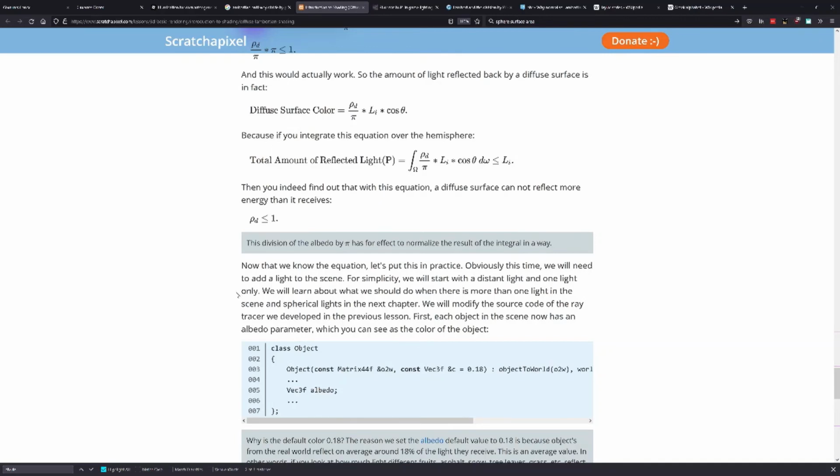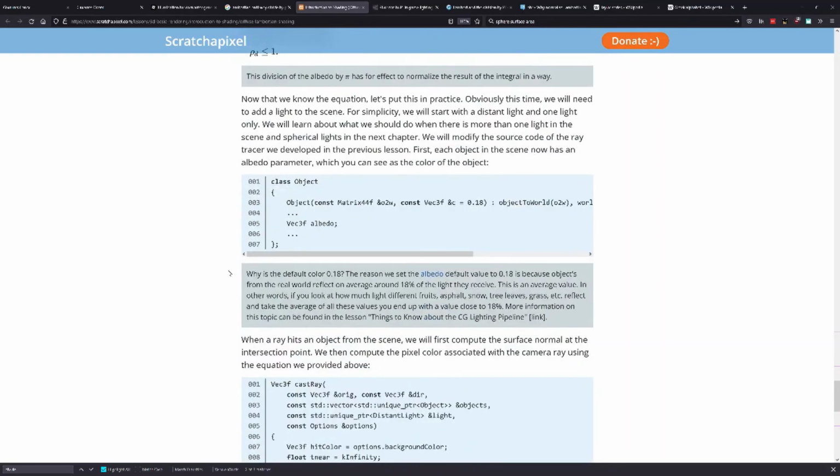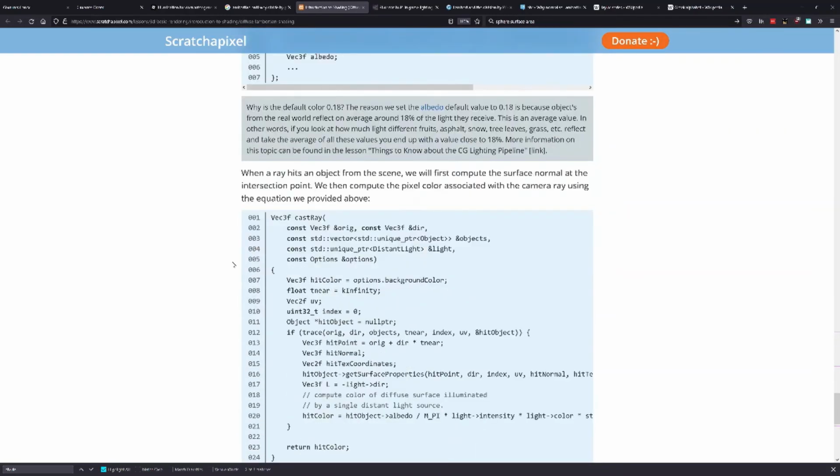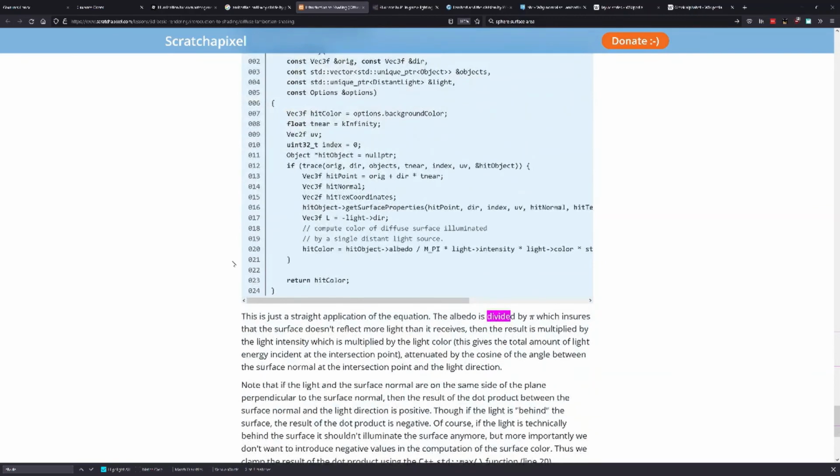Okay, I will take your word for that. Yeah, it has to do with energy conservation. It's a bit muddier than that.